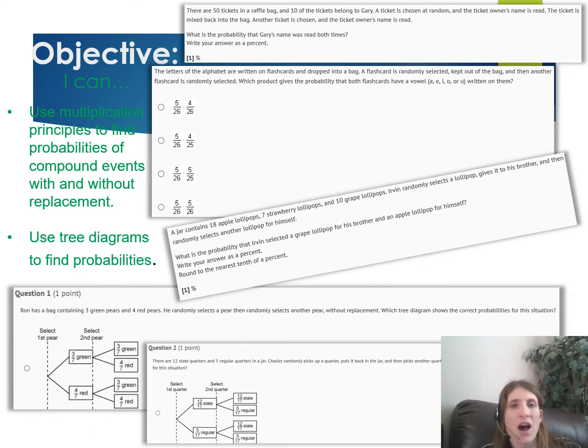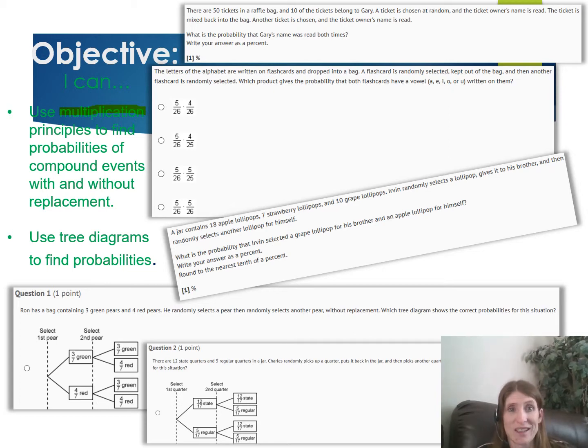Okay. Objectives for today. Our objective is I can use multiplication principles to find probabilities of compound events with and without replacement. So this is key right here, multiplication. We're going to be doing a lot of multiplication today. And the other objective is to use tree diagrams to find probabilities.